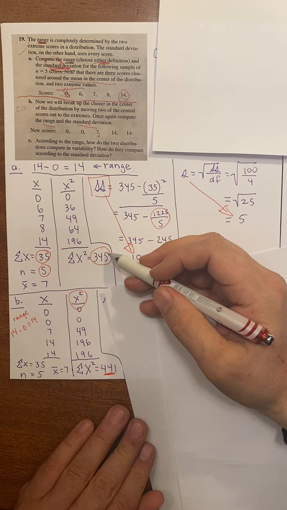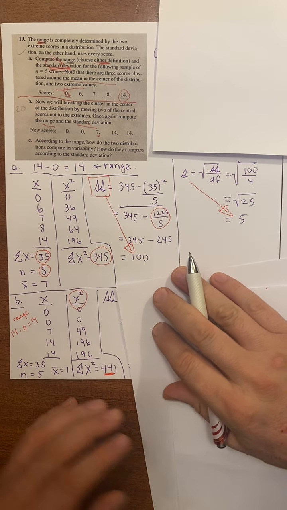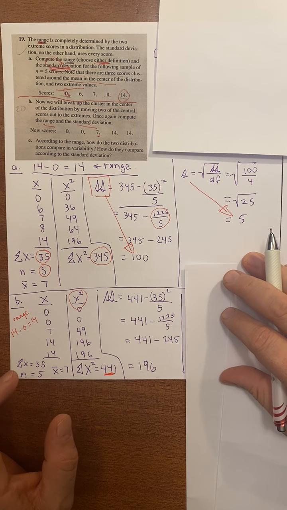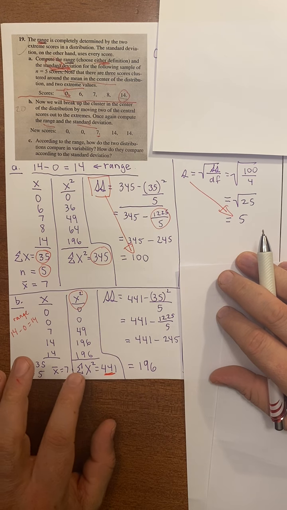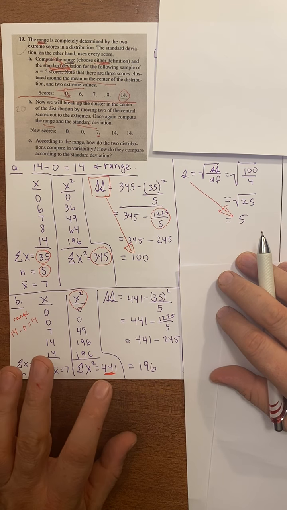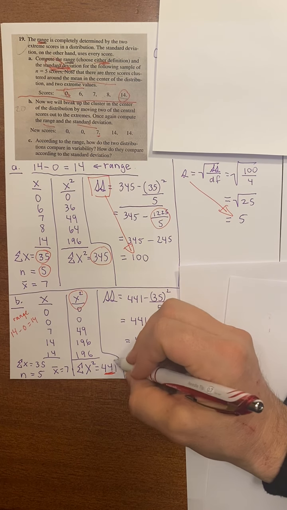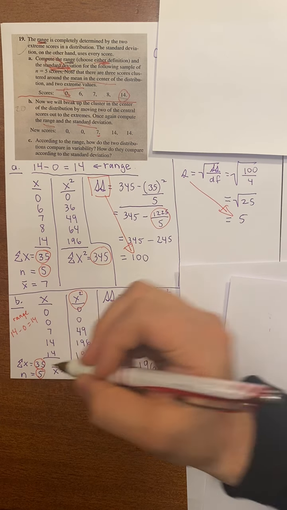Because before it was 345, now it's 441. So we're going to use our sum of x squared values to calculate now our sum of squares. Remember, we need this 441, we need that 35, and we need that 5.